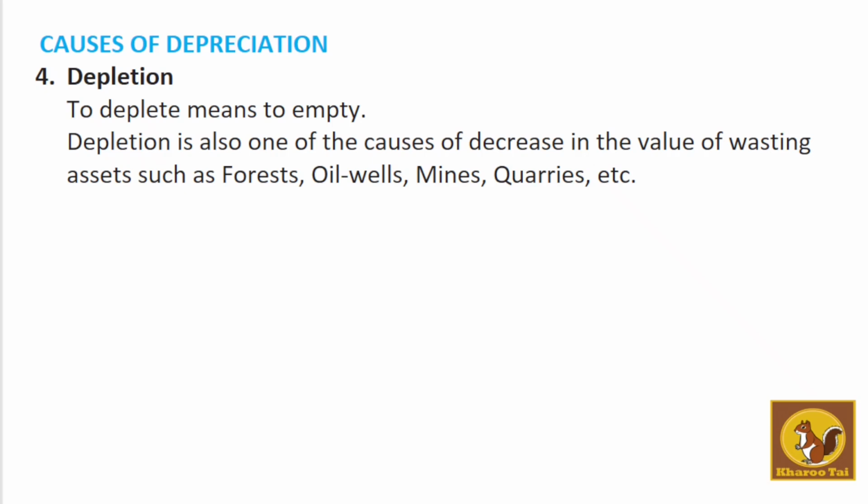Fourth point, depletion. To deplete means to empty. Depletion is also one of the causes of decrease in the value of wasting assets such as forests, oil wells, mines, quarries, etc. Depletion means the asset gets emptied, right? When mines are extracted, when oil is removed from the well, the asset gets reduced, it gets used up, right?